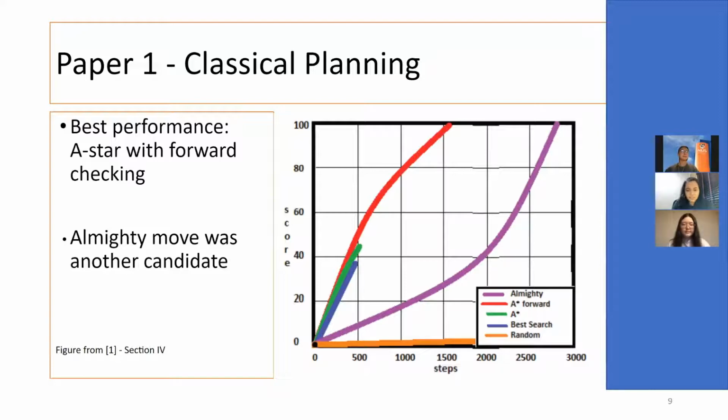It manages to achieve a maximum score in a minimum number of steps, and it definitely outperforms all the other models. As you can see that the almighty move, that is the purple line, was another candidate for good performance, but it was eventually dismissed because while the snake had a longer lifespan, it also took almost double the amount of time to achieve the same score as A star forward search.